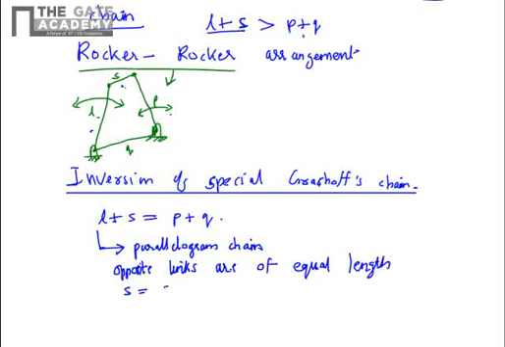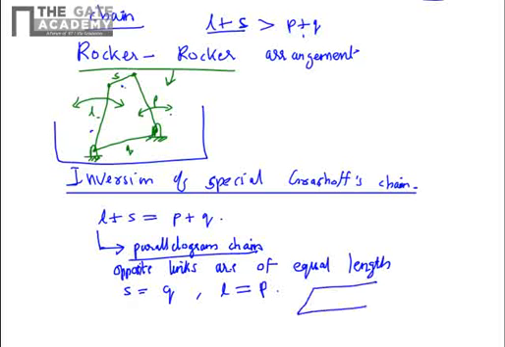So S will be equal to Q in this diagram and L will be equal to P. This is called a parallelogram chain. In such a mechanism, you will see that a parallelogram is constructed: opposite links are equal.